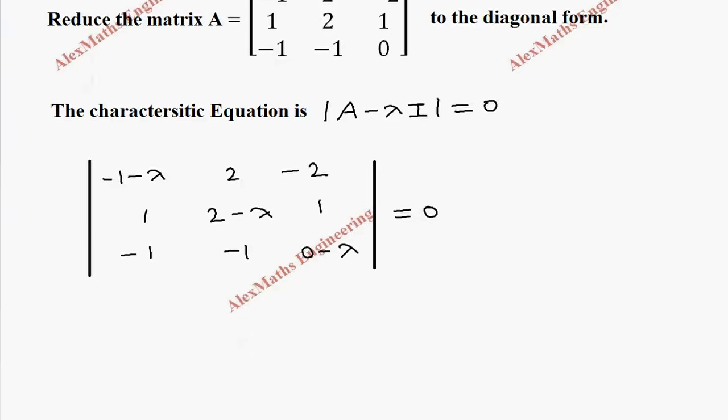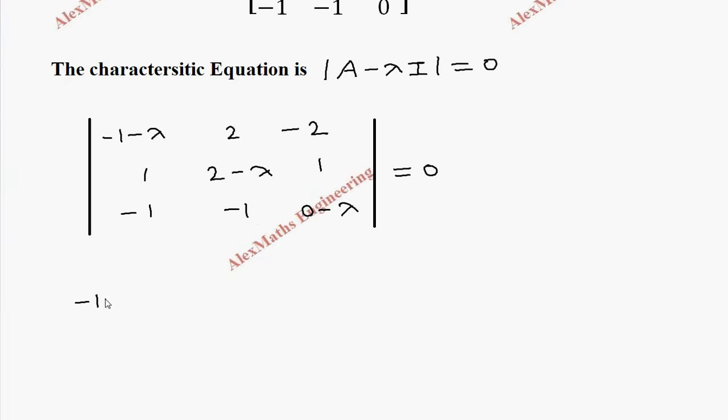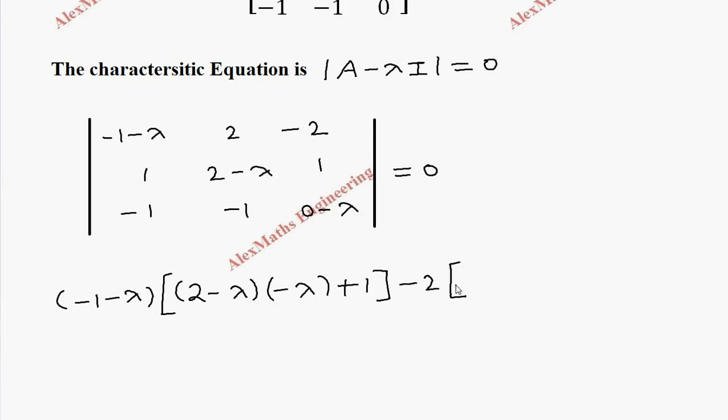We are going to expand this determinant. So we take the first element and multiply these two, that is 2 minus lambda into minus lambda, and minus of product of this is minus 1, so we make this as plus 1. Then we take the second element with minus sign, so minus 2.